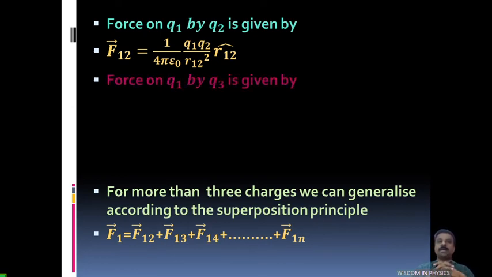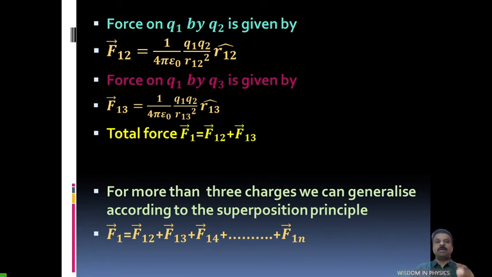Similarly, the force acting on Q1 by Q3, F13 vector, is given by 1 upon 4 pi epsilon naught Q1 Q3 by R13 square into R13 cap. Here R12 cap and R13 cap are simply the unit vectors giving the directions.